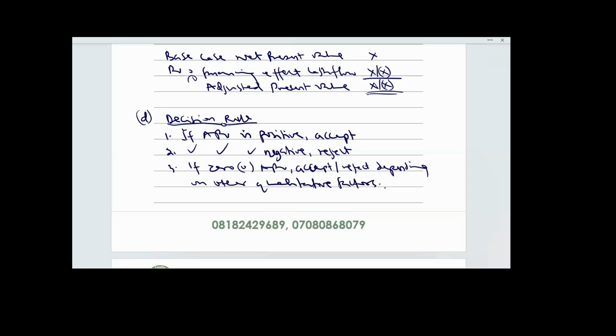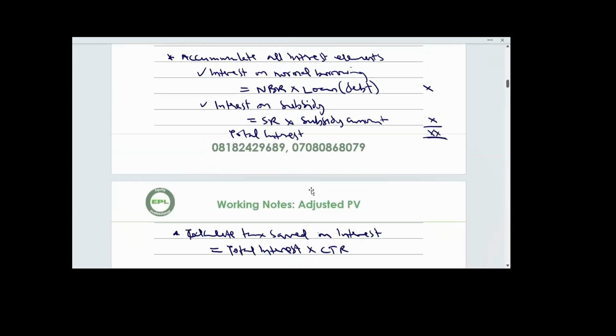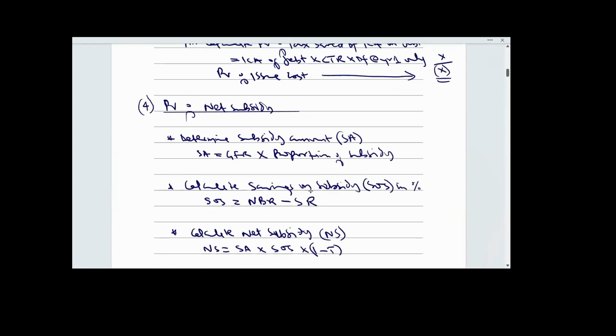So these are the procedures that you are going to carry out whenever you want to compute APV. You can see it's a big one and it's very technical. So it's very technical, especially for the present value of financing effect. So that is adjusted present value procedures and the concept.